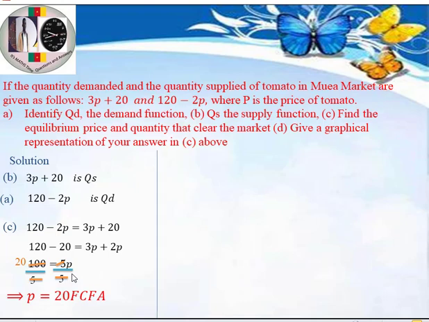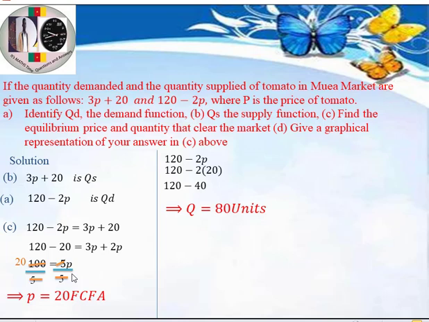In this case we substitute into the quantity demanded function, 120 minus 2p. So instead of p we put 20. We have 120 minus 2 times 20, and 2 times 20 is 40. So 120 minus 40 is 80, and 80 is what we call the equilibrium quantity Q, which is 80 units.